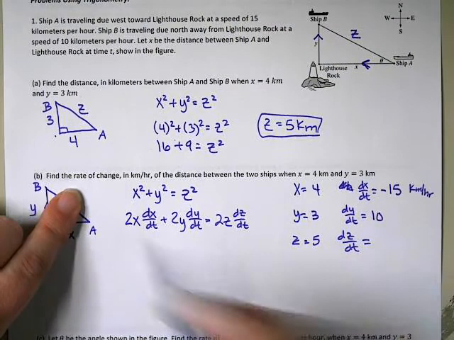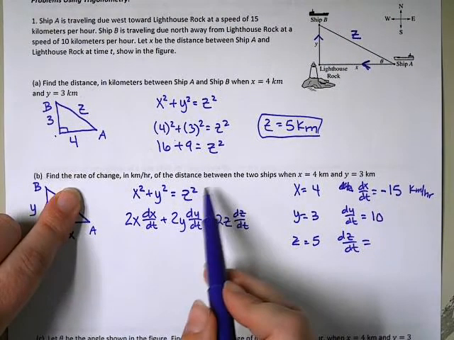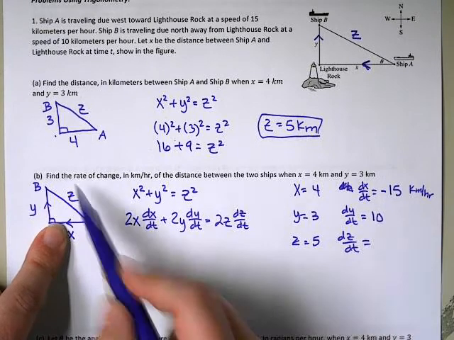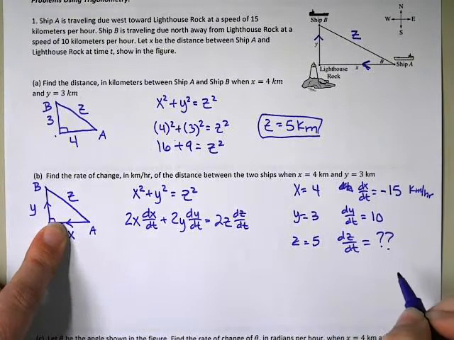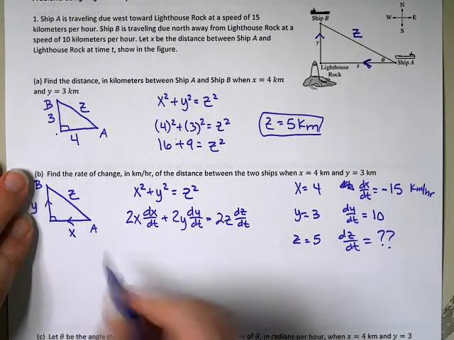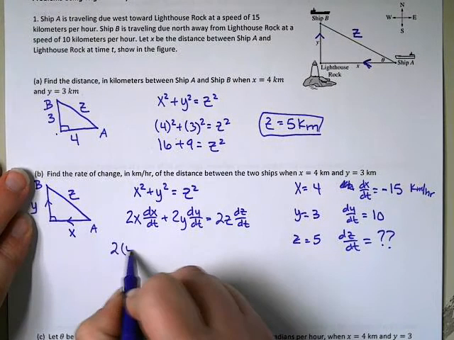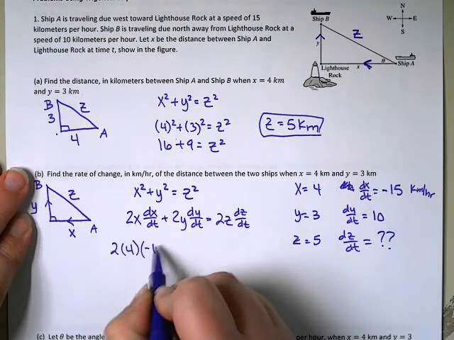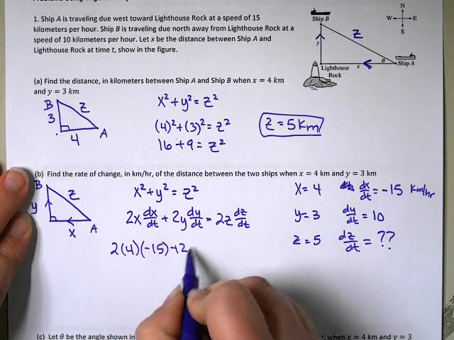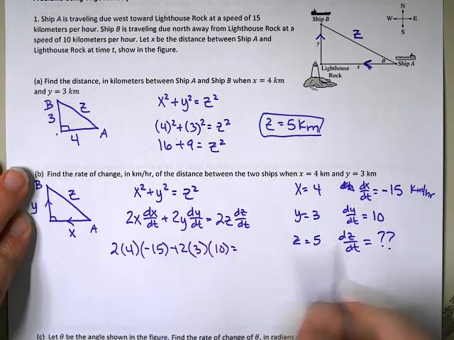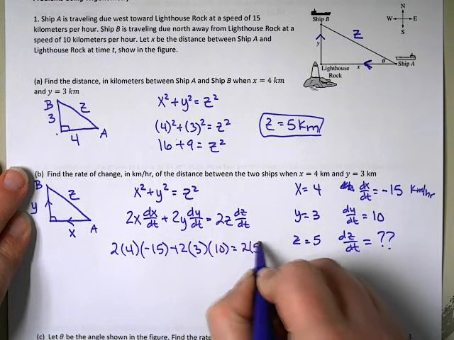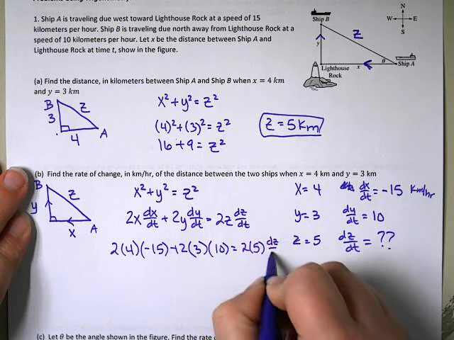And if we look, the question is asking for the rate of change of the distance between the two ships. That's our dz/dt that we're looking for. So now we're just going to plug in what we know and solve. We have 2 times 4 times negative 15 plus 2 times 3 times 10 equals 2 times 5 times dz/dt.